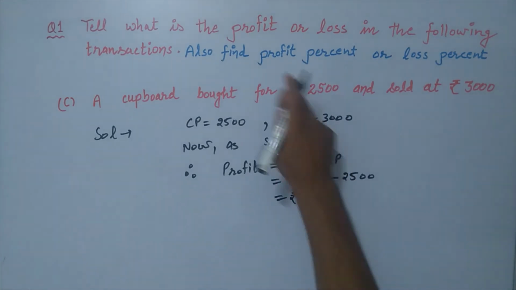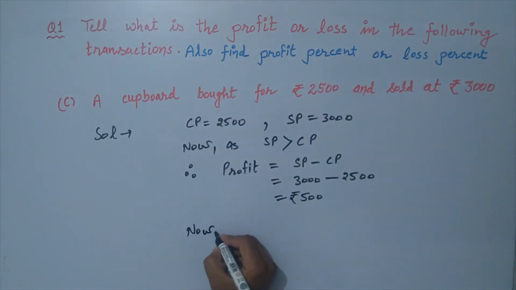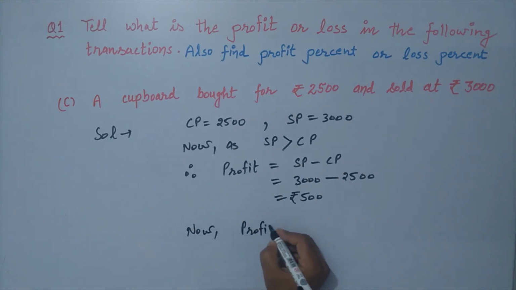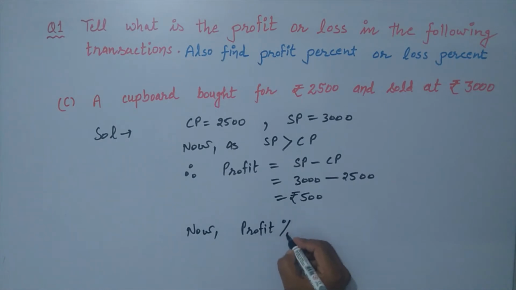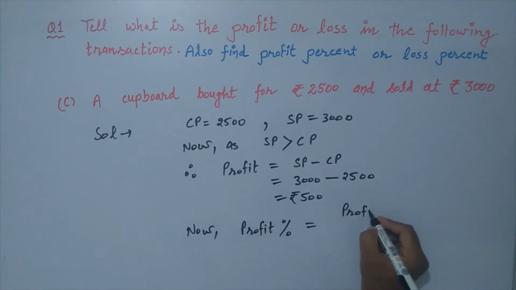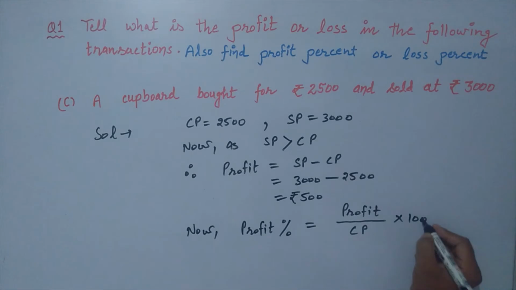Now we have to find the profit percent. Now to find profit percent, the formula is, we write first of all profit divide cost price into 100.